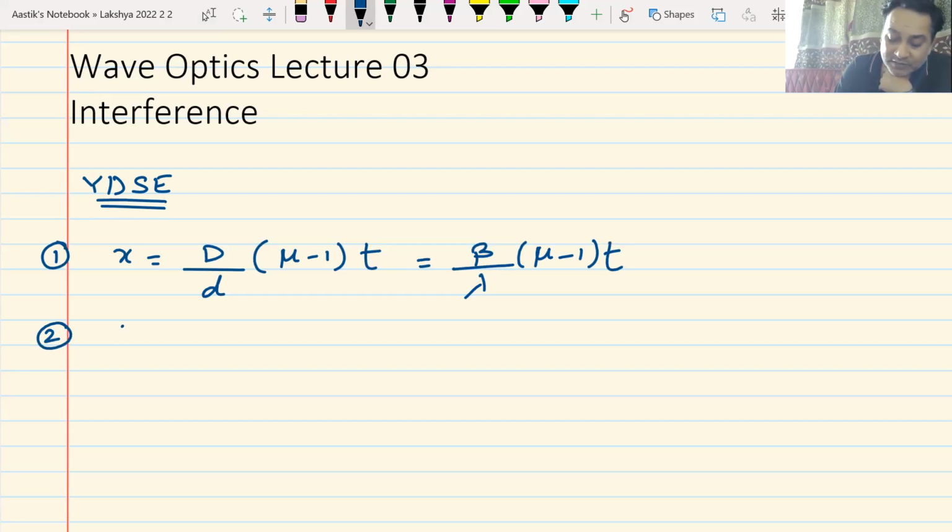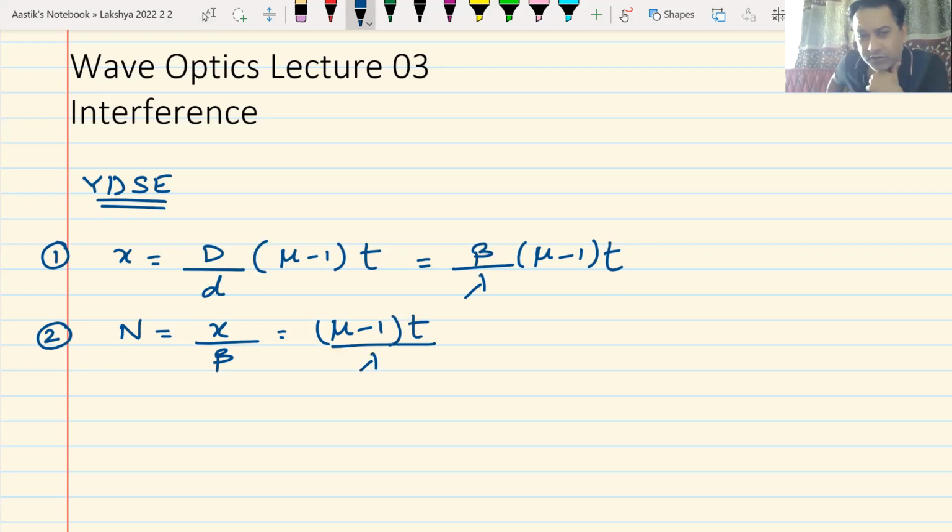Then you must remember how many fringes have been shifted. To find the number of fringes shifted, we divide x by beta and the answer will be (mu minus 1) times t divided by lambda. If I put slabs in front of both the slits, by how much will it shift?